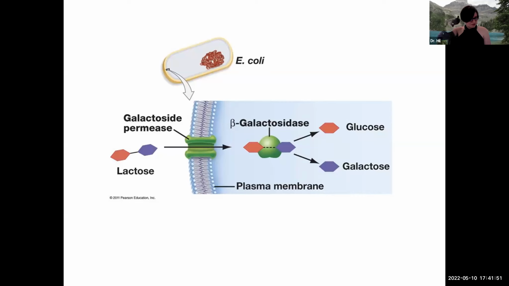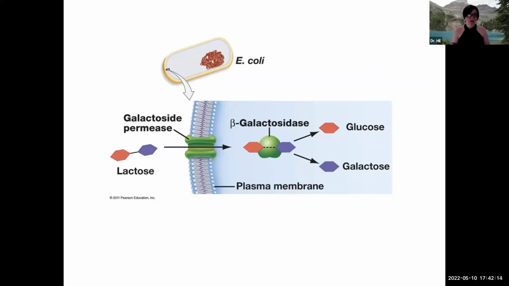Okay, so I'm going to give you just something. We're not going to go into the details of why glucose is the best, except to just say, remember in metabolism when we talked about glycolysis, the Krebs cycle, and the electron transport chain. Those metabolic pathways are set up for glucose.